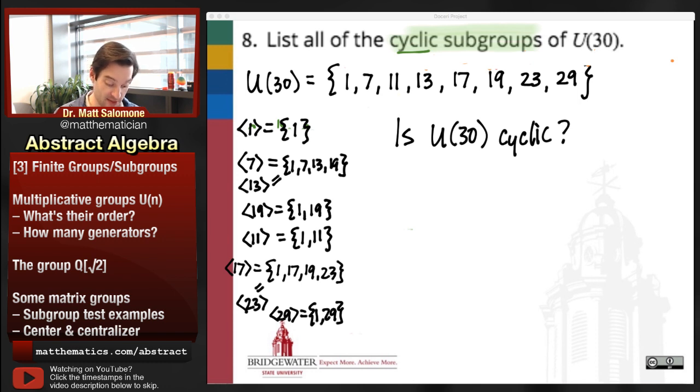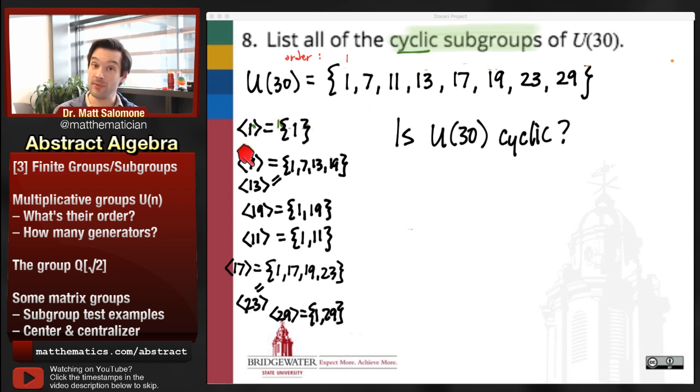And in order for that to happen, there has to be an element whose order agrees with the order of the whole group. But having the list of all the cyclic subgroups now gives me a shortcut to listing the orders of all of my elements, because the order of an element is the same thing as the order of the cyclic subgroup that it generates. So the order of the element 1 is 1, because its cyclic subgroup has only a single element.